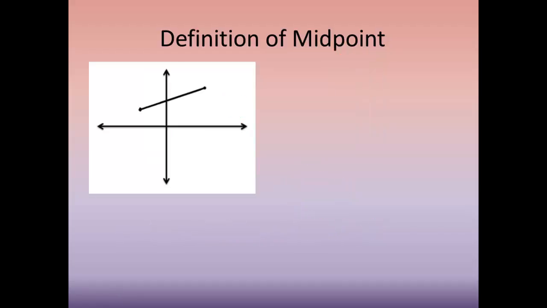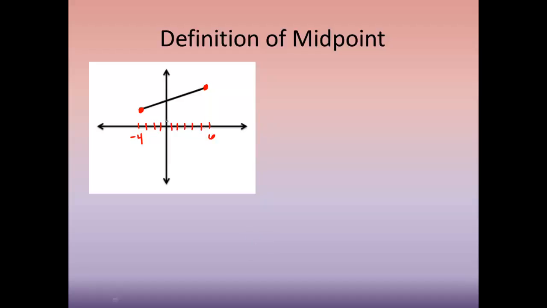So here we've got two endpoints on a diagonal segment. So we can't use only just the x's or only the y's. We're going to have to be able to use the x's and the y's. And this is going to actually lead us to our midpoint formula. So let's suppose 1, 2, 3, 4, that's -4 spaces this way. 1, 2, 3, 4, 5, 6 spaces to the right.